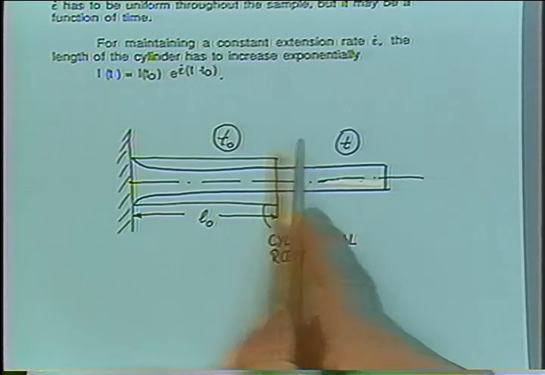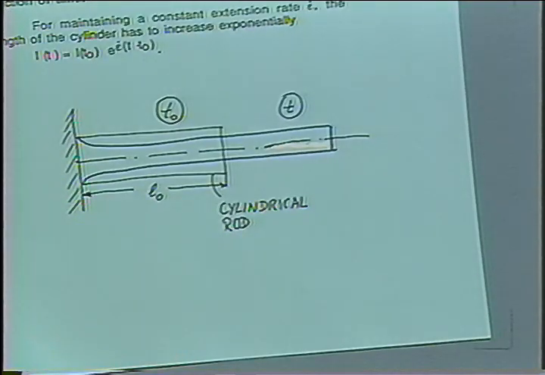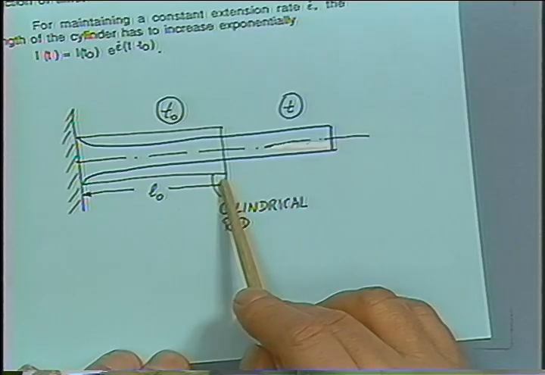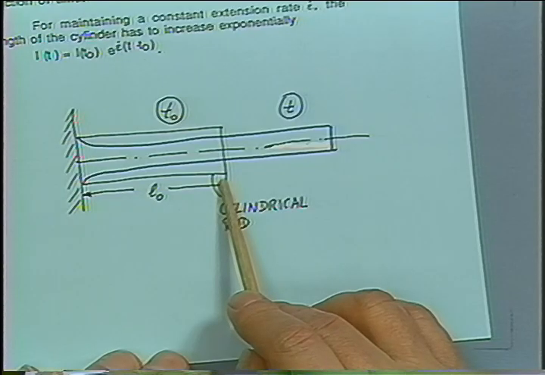The velocity, if you go back to the kinematics, the velocity in x direction is equal to the extension rate times x. So here the velocity would be the extension rate times L0. And if you keep that constant, you're stretching your fiber at a constant extension rate.